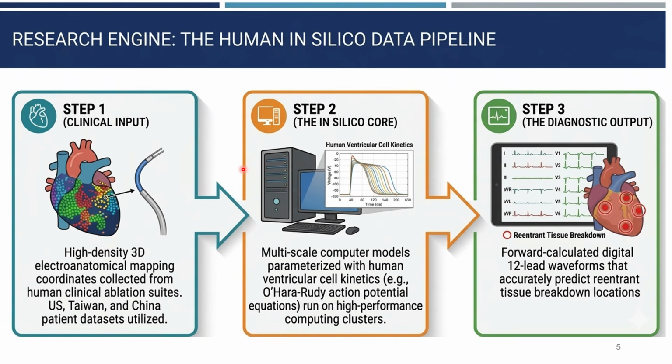In step 2, this human structural geometry parameterizes our multi-scale computer models running on high-performance computing clusters. We model cellular mechanics exclusively using human ventricular cell kinetics, specifically utilizing the O'Hara-Rudy action potential equations.